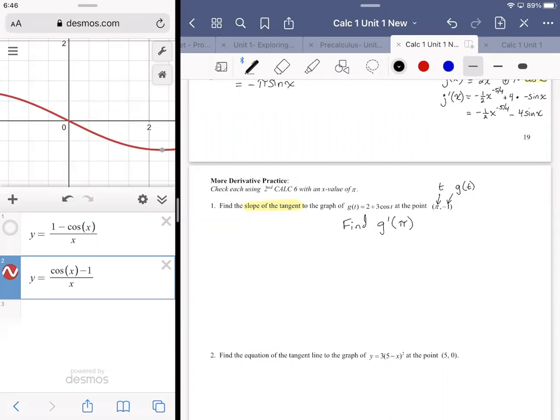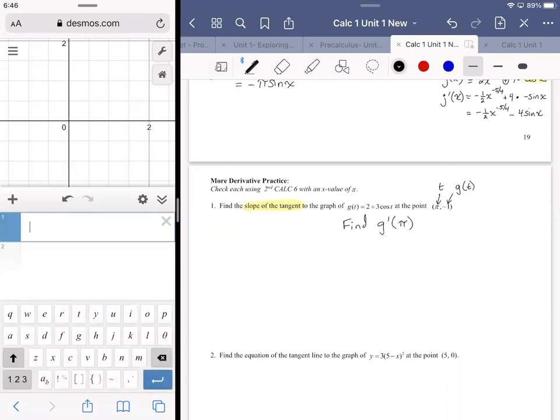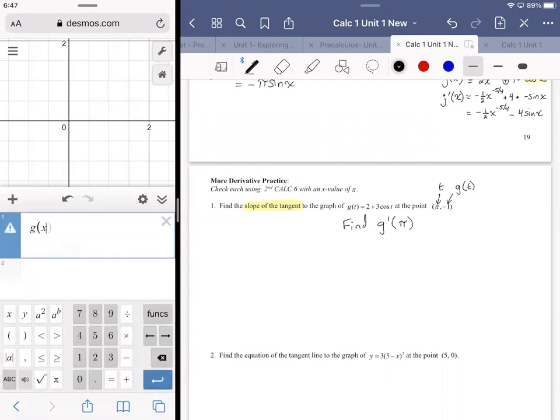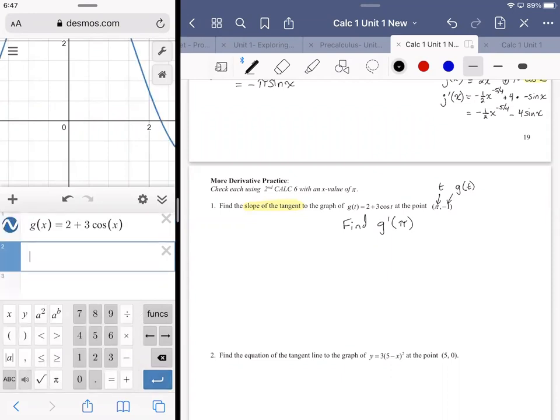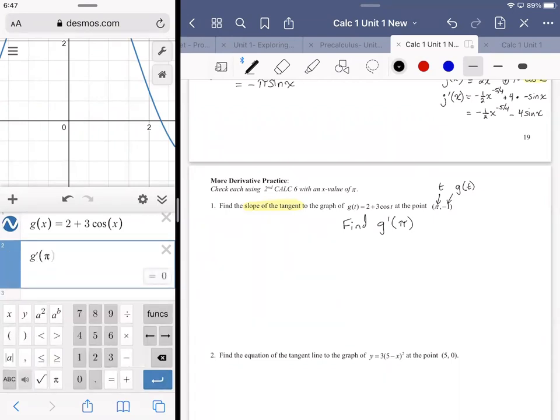So in Desmos, I just need to put my g function in. I'll use x's though. 2 plus 3 cosine of x. And then just type in g prime of pi, and it'll just spit out the answer.